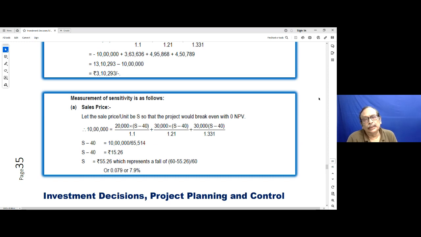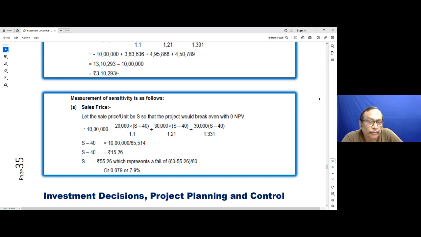Now, measurement of sensitivity is as follows. When you are going to consider sales price, let the sale price per unit be S, so that the project would break even with zero NPV. That is, 10 lakhs is equal to 20,000 into (S minus 40), plus 30,000 into (S minus 40), plus 30,000 into (S minus 40), divided by 1.1, 1.21 and 1.331.